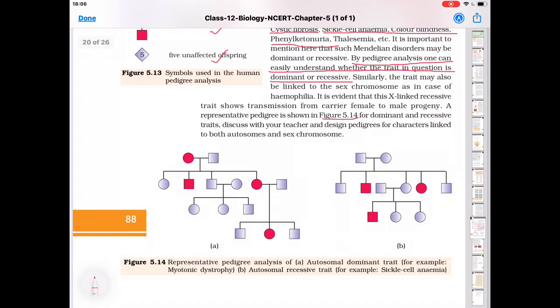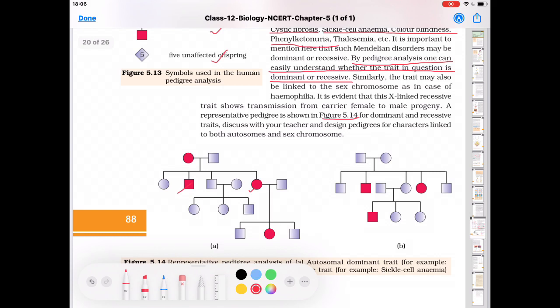That means the female is affected and the male is normal. The female is transferring that disease to the male also and to the female also. So this clearly shows that this is not sex-linked.